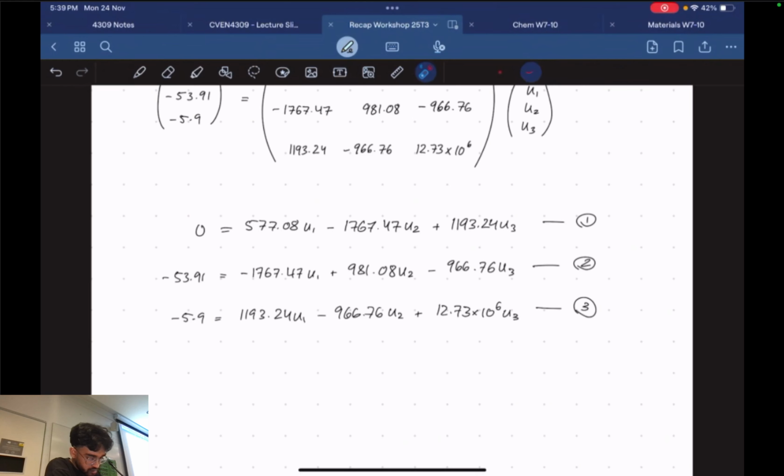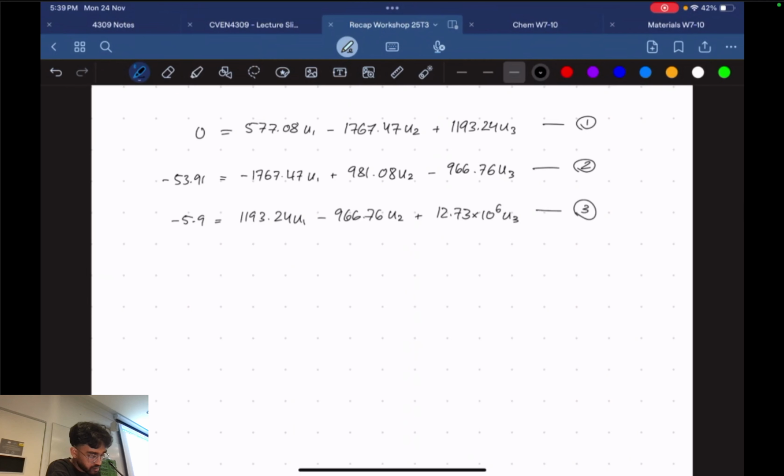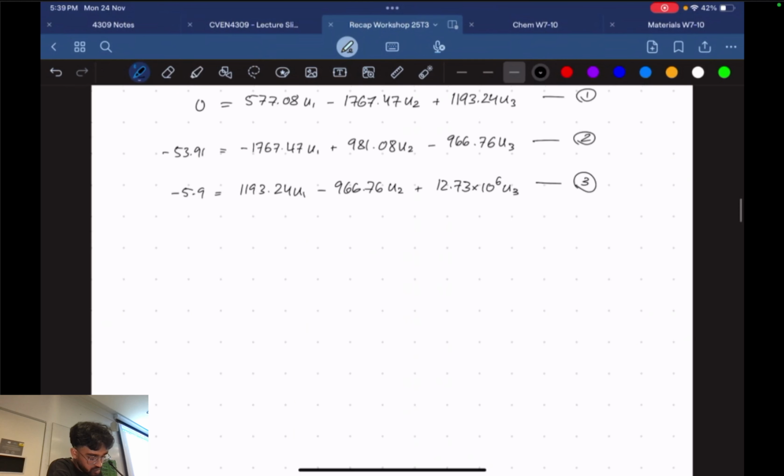So what I'm going to do is take equation 1 and make U1 the subject. 577.08 U1 is equal to 1767.47 U2 minus 1193.24 U3.